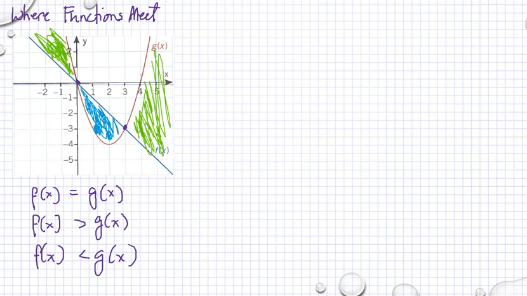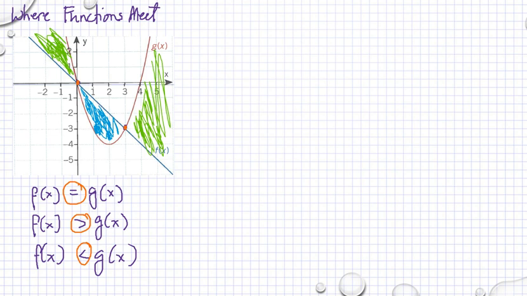So I hope you will see the difference in the questions that they are asking. When we're talking about equal, we're talking about just the coordinates. When we're talking about greater than or less than, we're talking about a whole area.